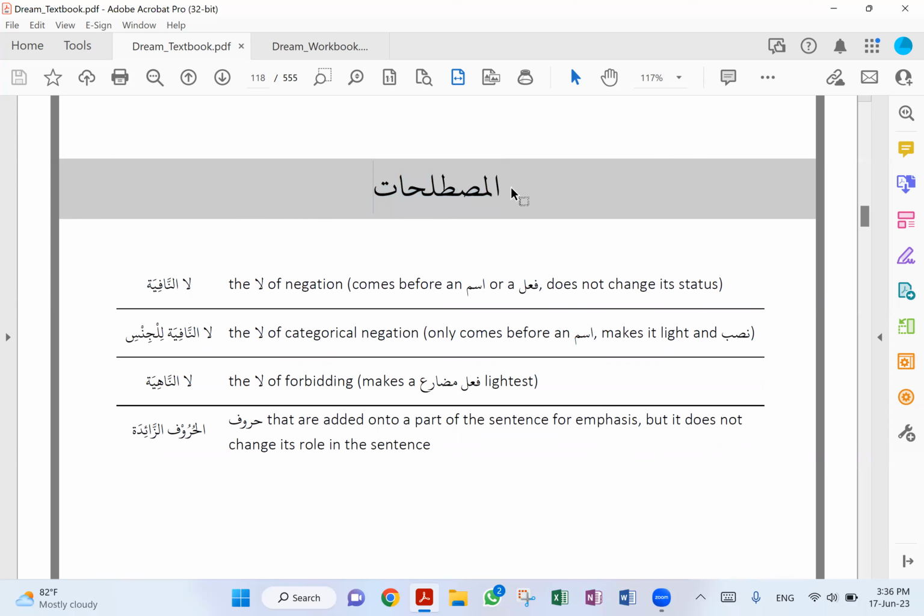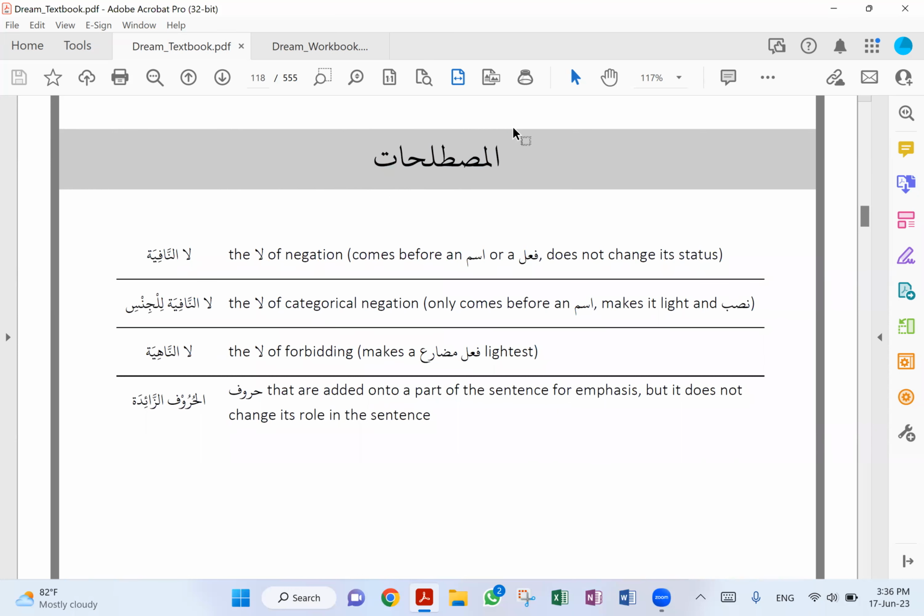Again, we'll get to sarf, but I like to mention it here and there so that you understand why sarf is so important, how these words can come about. So that's terminology, mustalahat. Istalaha actually means to agree, so al-mustalahat is the thing that you agree on. Terminology is something that we agree on, this is how it's defined. So that's kind of just how it came about.